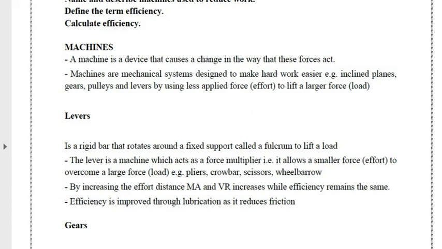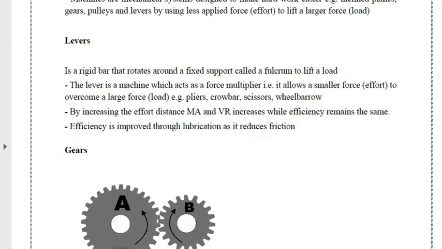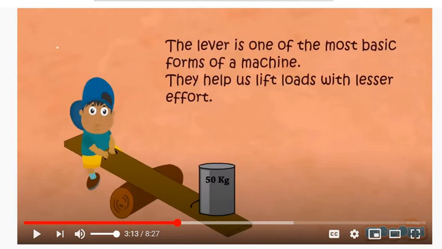You apply less effort, the machine multiplies it and therefore makes work easier for you. The first type of machines that we're going to look at are levers, and let's just watch this short clip on levers.